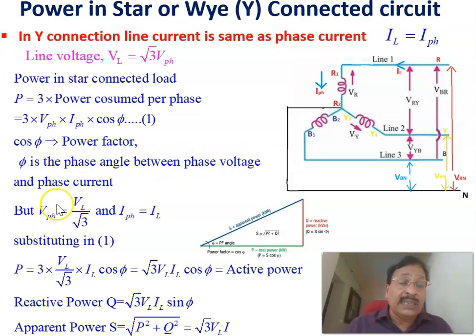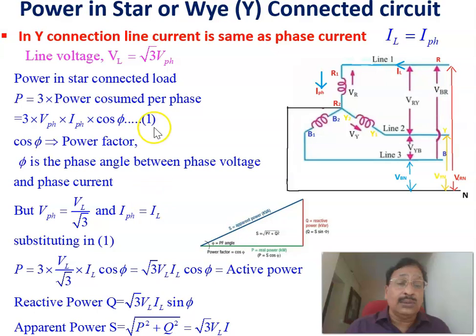We have already seen that phase voltage equals line voltage divided by root 3, and phase current equals line current. Now if you substitute V phase and I phase in equation 1, you get 3 times V line divided by root 3 into I line into cos phi, or root 3 VL IL cos phi. This is called the active power.